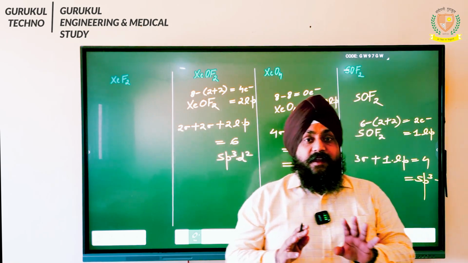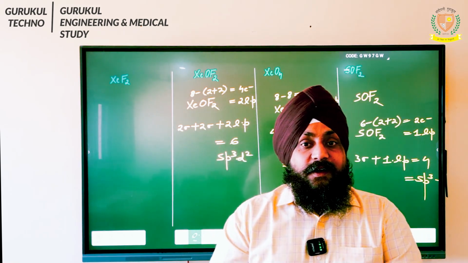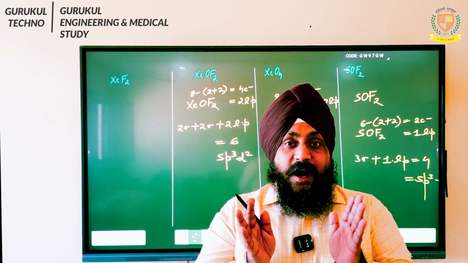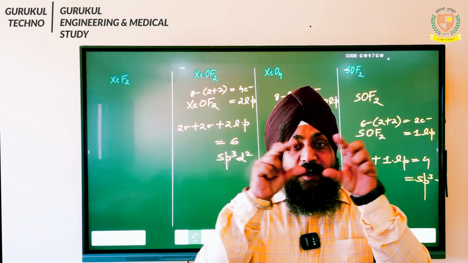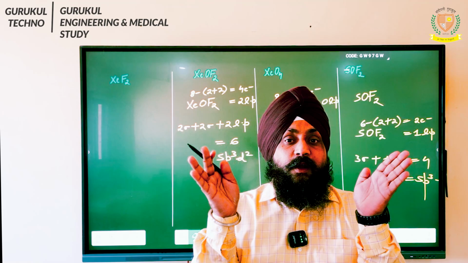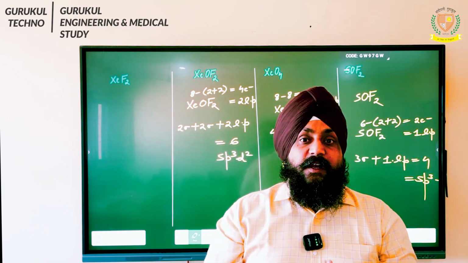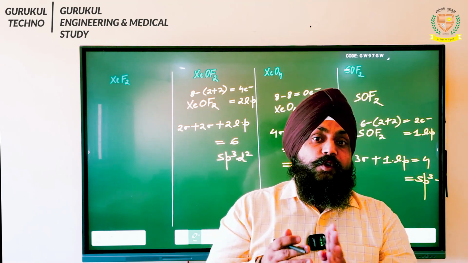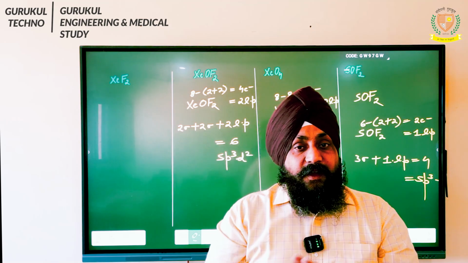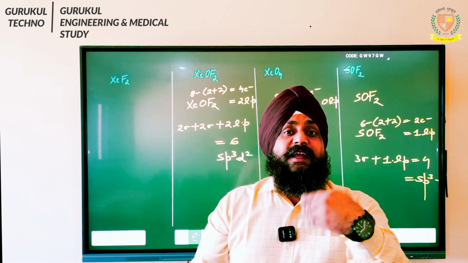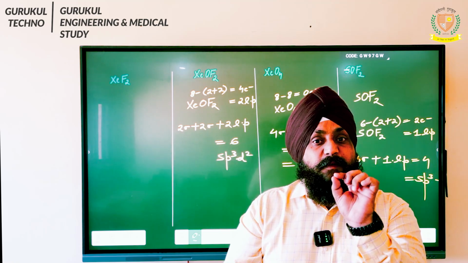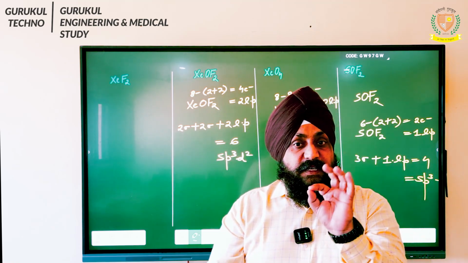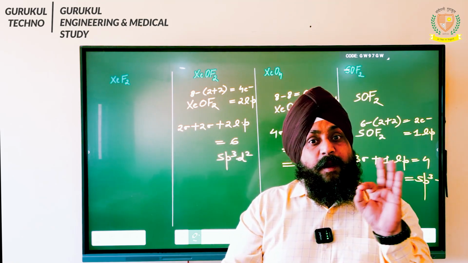So students, in this session, what we have learned is how to find out the hybridization of the central atom. First we find out the valence electrons of the central atom, whether it belongs to group 1, group 2, group 3, like that. And then we find out the sharing electrons of the side atoms, and finally you carry out the sum of the sigma bonds, lone pairs and unpaired electrons.